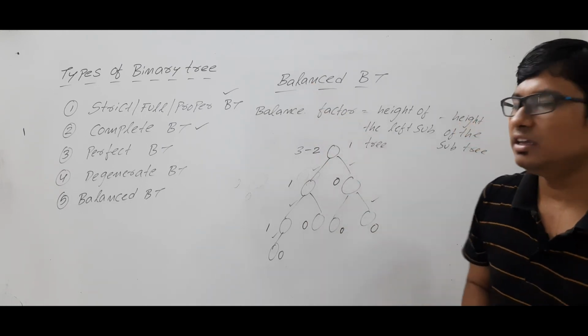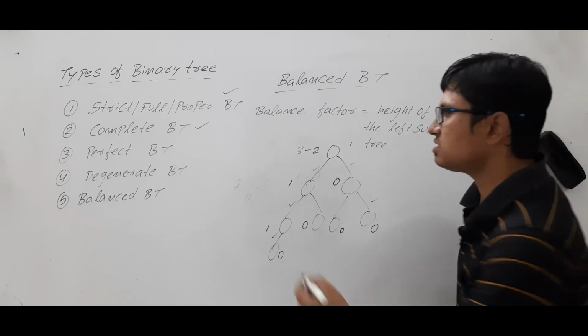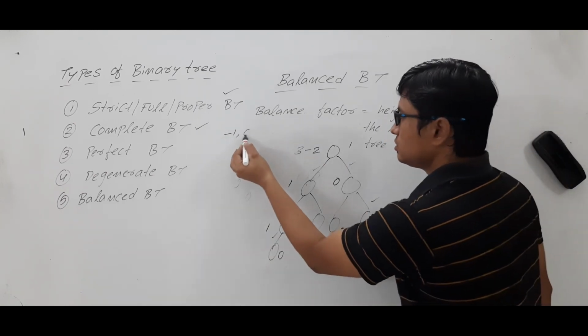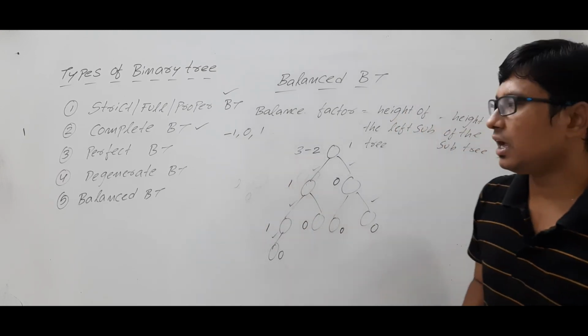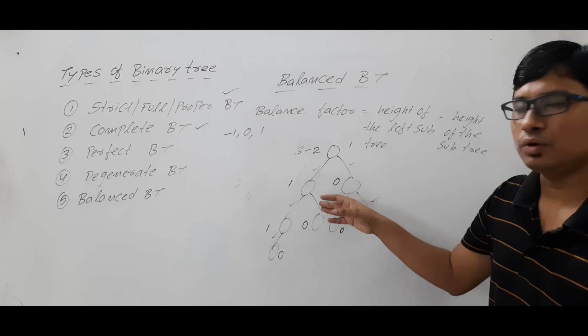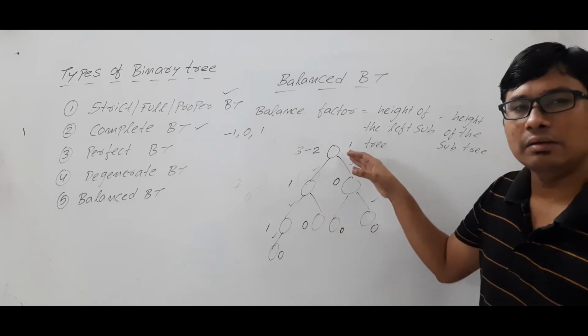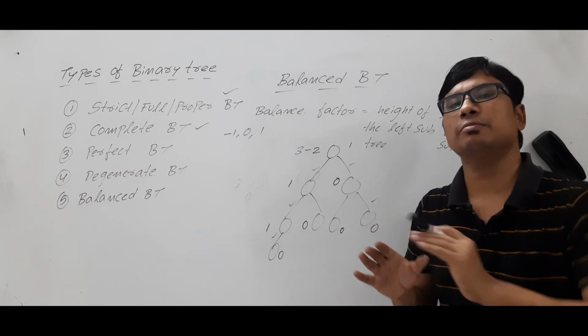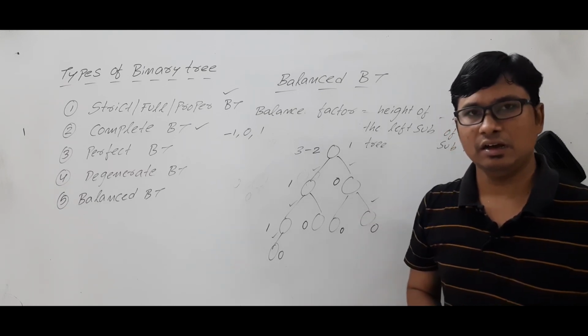If all the nodes' balance factors are minus 1, 0 or 1, then I will call it a balanced binary tree. If all the nodes have a balance factor of 0, then I will call it a perfect balanced binary tree. Are you able to understand?